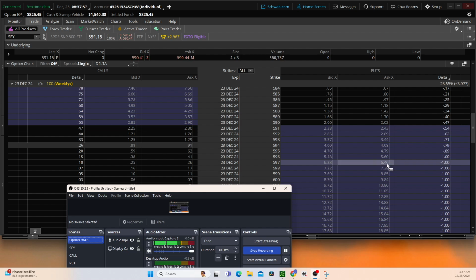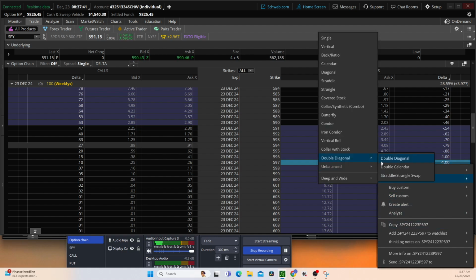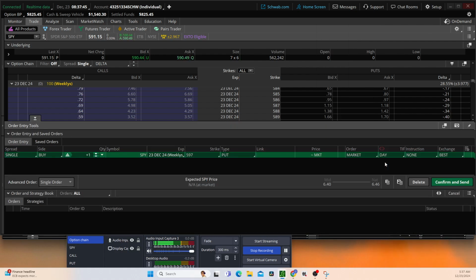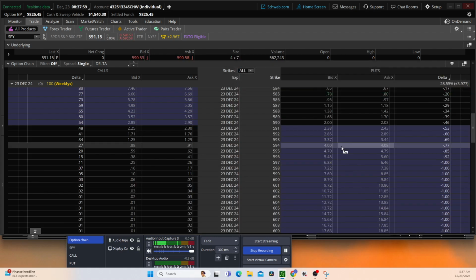But it's going to cost you $600 to make this trade: $650 plus 50 cents plus 1 cent in commission. That's the reason why we don't trade these, because they move really fast and they're so expensive.